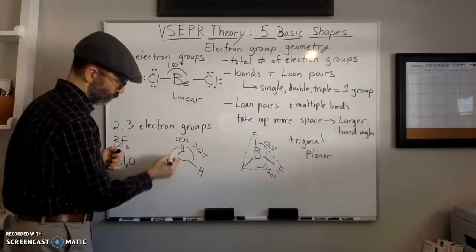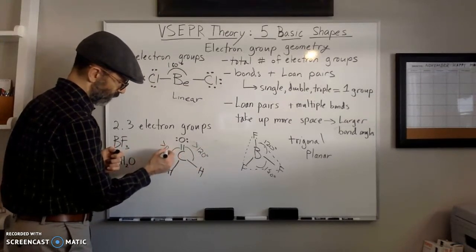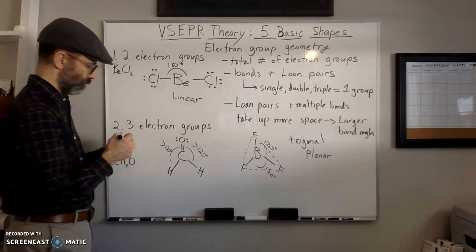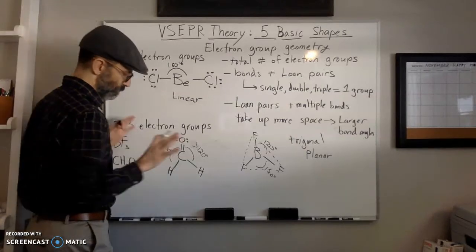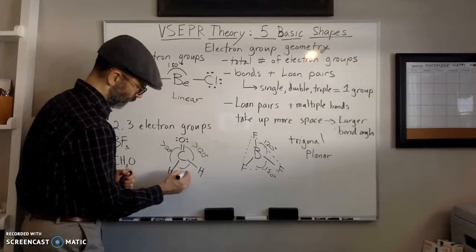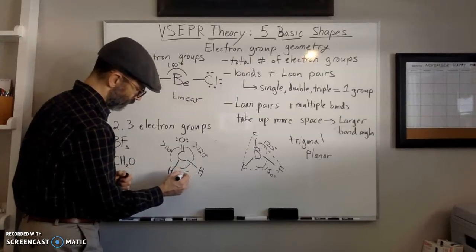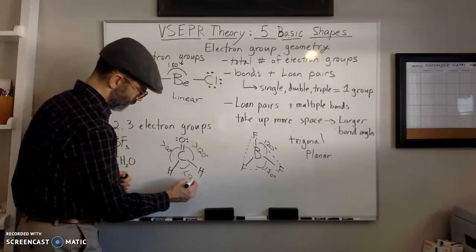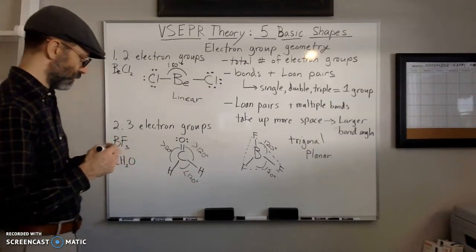Same for this one as well. This one's going to be greater than 120 degrees. And this one here, since they're being pushed closer, is going to be less than 120 degrees.